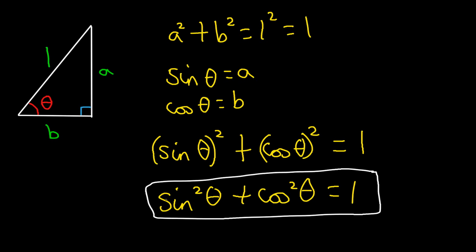We write it like this to avoid these extra brackets. These brackets can be cumbersome and cause us annoyance, so we write it like this. In the same way, if we want to write sine cubed of theta, then we would write it like this. Avoiding those brackets makes your mathematics more beautiful and more elegant.